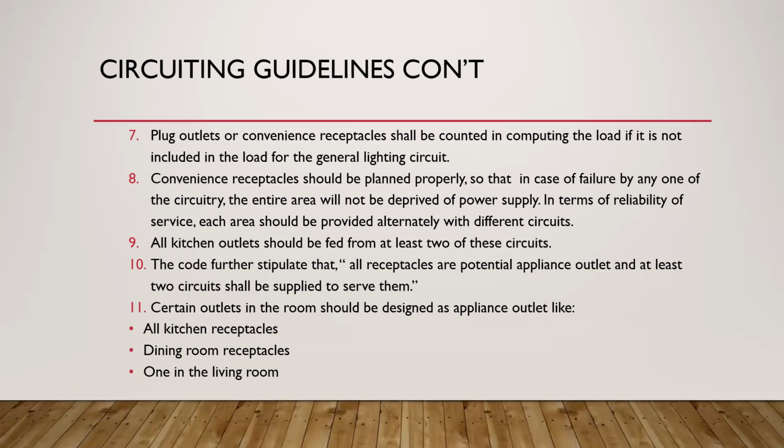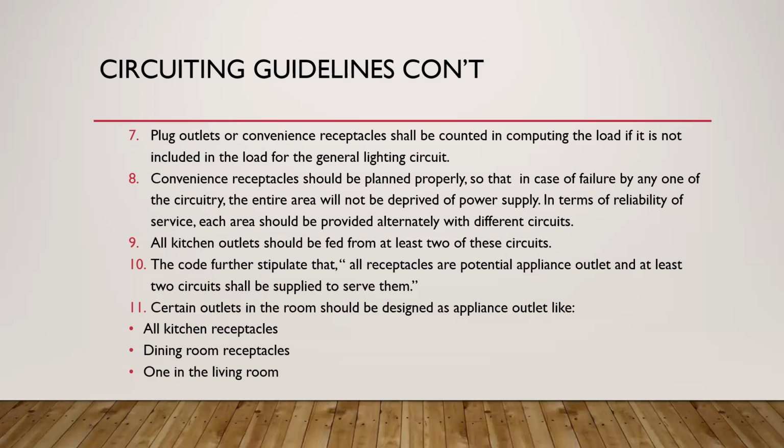Number 10, the code further stipulates that all receptacles are potential appliance outlets and at least 2 circuits shall be supplied to serve them. So again, sa ating lighting layout ba yan or convenience outlet man yan, at least 2 circuits shall be applied to serve them.